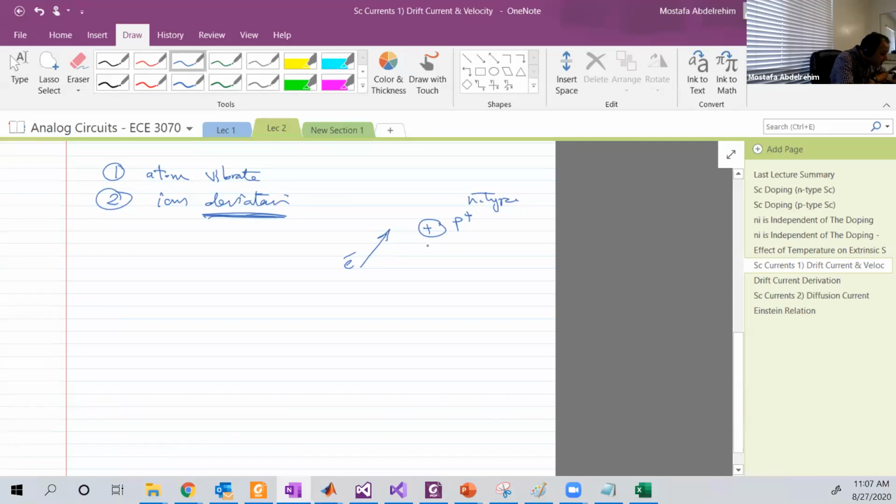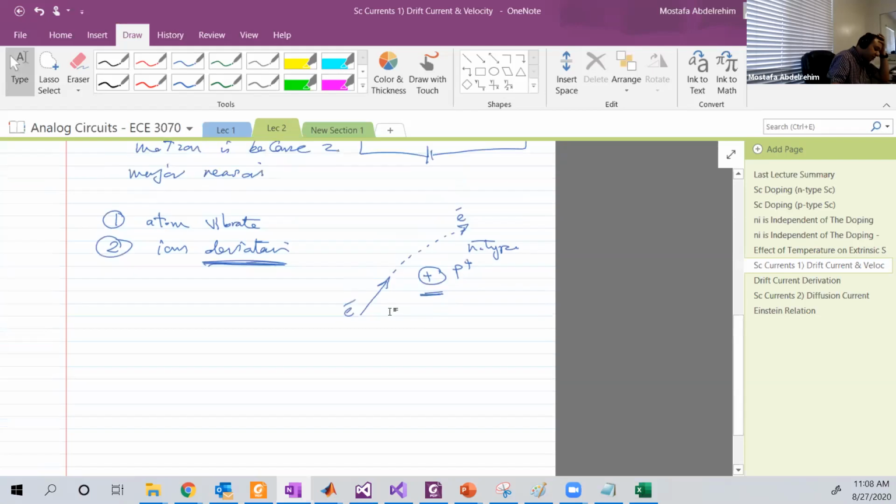But when one reaches close to the positive ion here, since there will be an attraction force, it may deviate like this. This is what I call deviation. You can call it whatever, I mean, it deviates from its original course. Okay? That's what I meant by deviation.